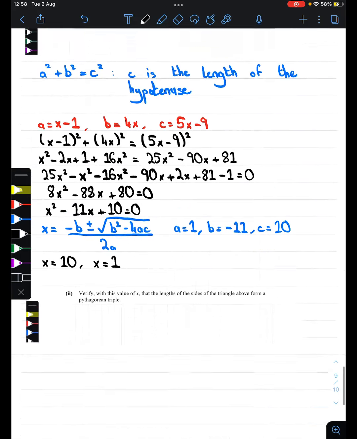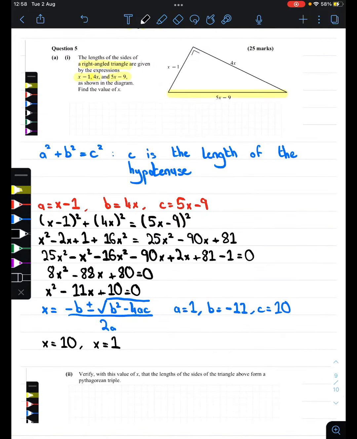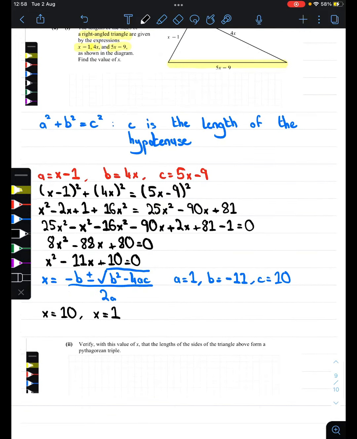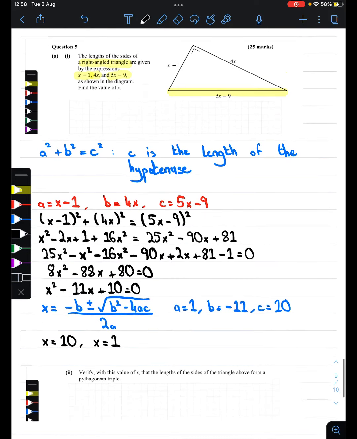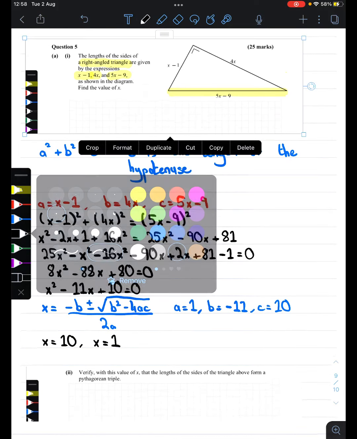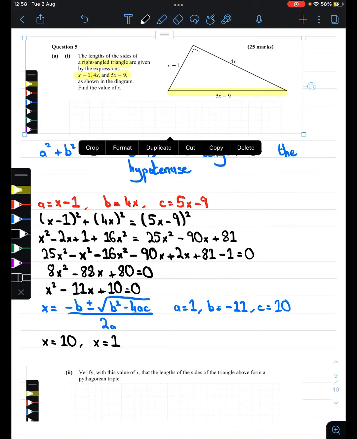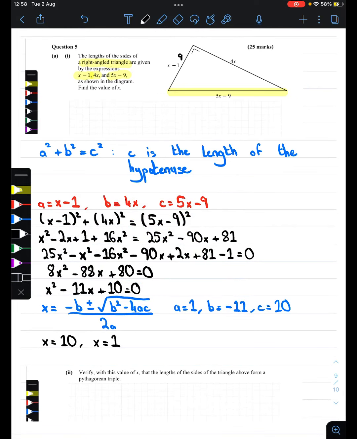Let's go back up to our triangle. If x equals 10, then the sides are 9, 4 by 10, 40, and 50 minus 9, 41. That seems pretty reasonable.